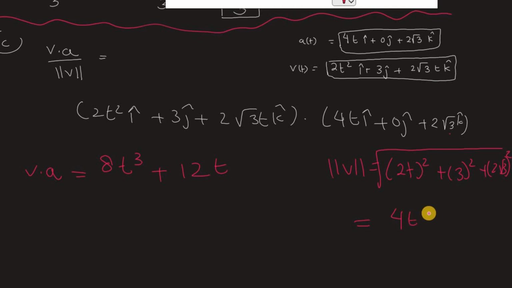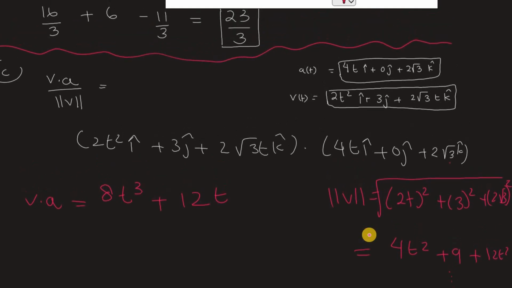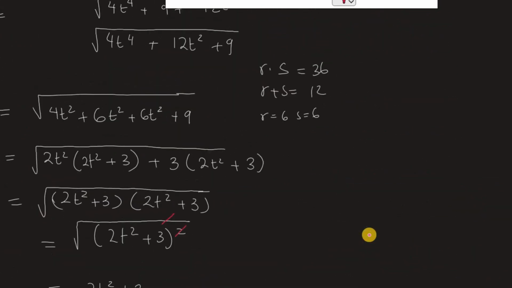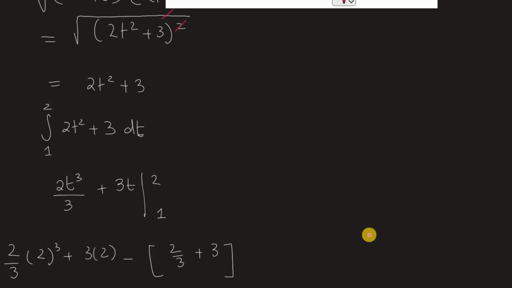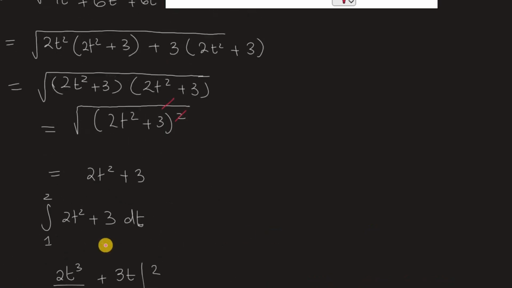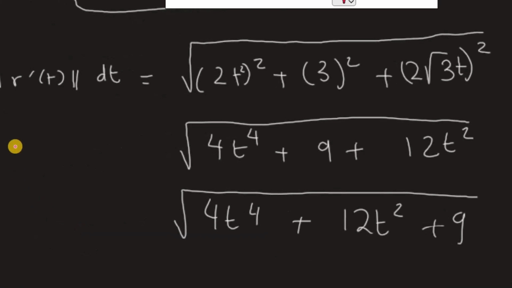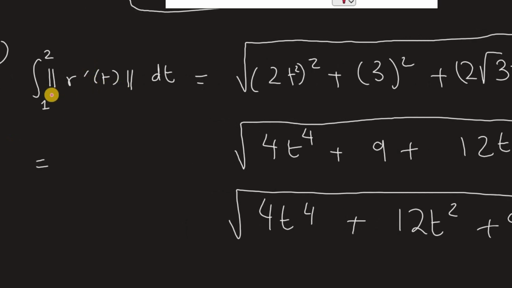So it's going to give us 4t squared plus 9 plus 12t squared, and again you're going to follow the same steps that we did over here, or you can simply write it from here. So here, remember we had to find the magnitude of r prime of t, and r prime of t is the same as v, right?